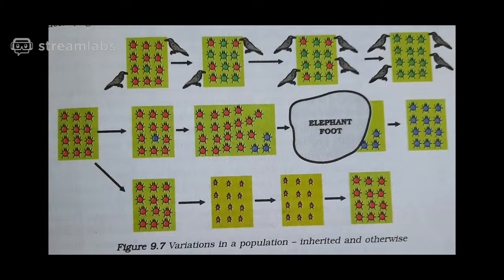And food, they were healthy, and because of scarcity of the food, they went very small, and again when the food was plenty and feeding on the food, again it changed to the healthy beetles.